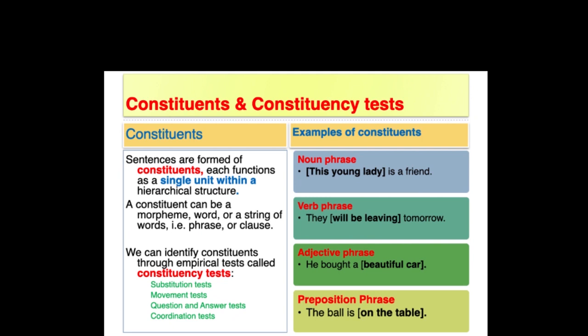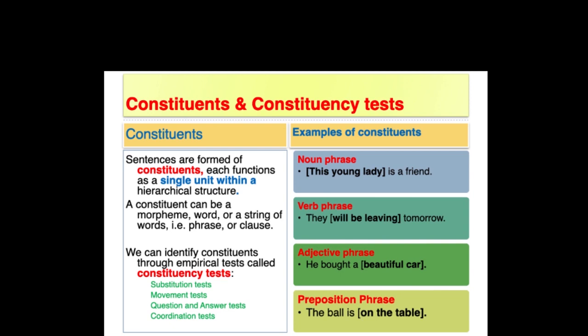Now, for constituents and constituency tests, what do we mean by constituents? Sentences are formed of constituents that function as single units within a hierarchical structure. A constituent can be a morpheme, a word, or a string of words, a phrase, or a clause. Okay, now let's have a look at these examples. These are examples of constituents.